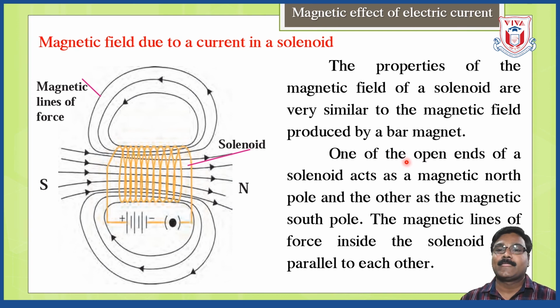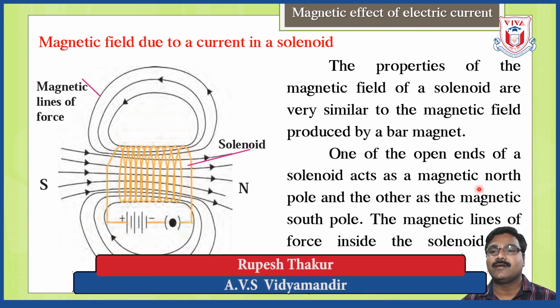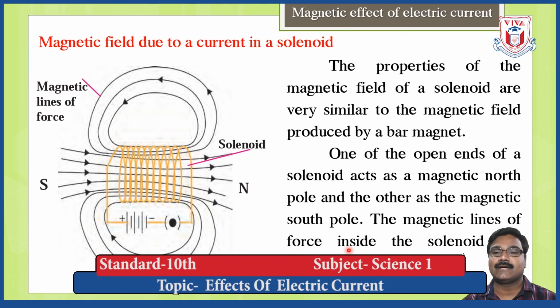One of the open ends of a solenoid acts as a magnetic north pole and the other as the magnetic south pole. The magnetic lines of force inside the solenoid are parallel to each other. Here you will see the magnetic lines of force are parallel to each other.